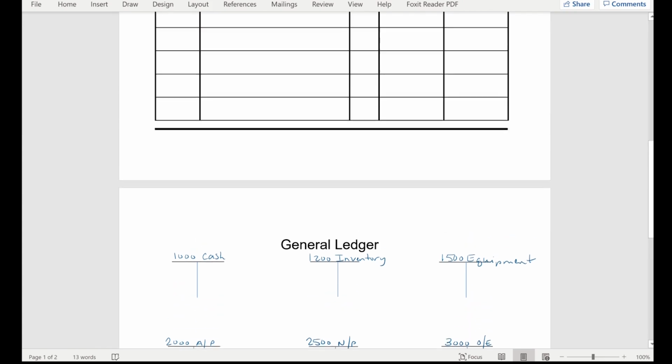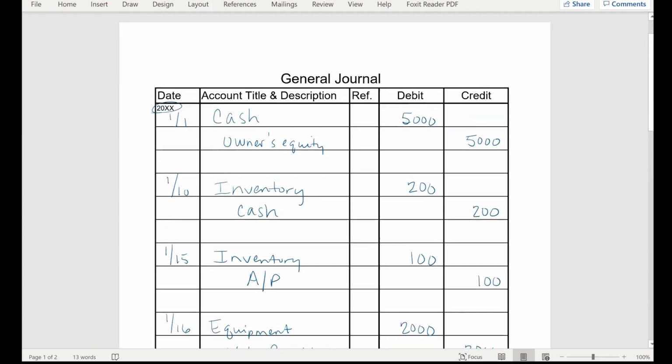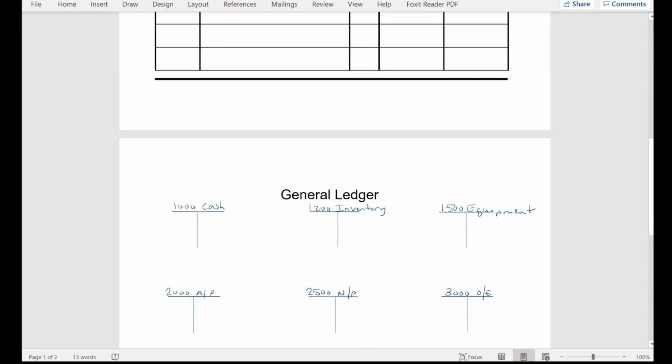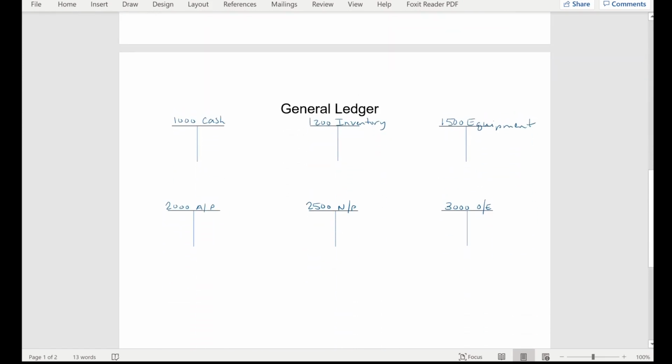So let's go back up and take a look at the first journal entry. That's $5,000, a debit for cash, and a credit for owner's equity. So we're going to go down and transfer this information into the general ledger. So $5,000 cash on 1/1, and then $5,000 owner's equity on 1/1.